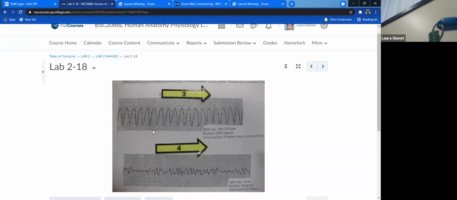When they're all of the same height, pretty much, like in number 3, that's ventricular tachycardia. Just the ventricles are contracting normally, so to speak, but they're contracting very, very rapidly without a resting phase in between. Number 4 represents ventricular fibrillation. Varying heights and amplitudes of ventricular contraction.